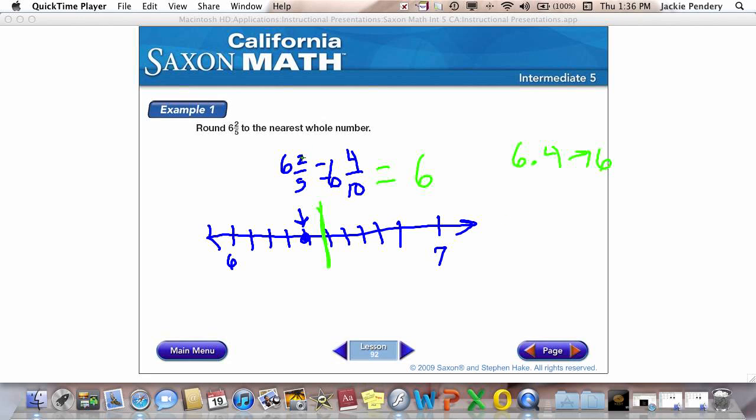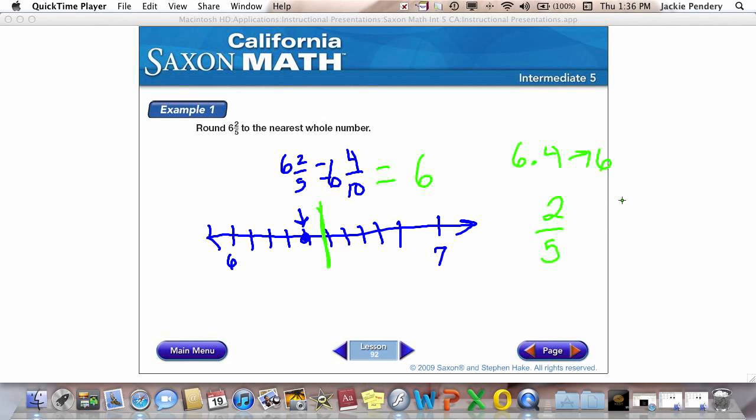Converting a fraction into an equivalent fraction with tenths is a great way to think about it. But sometimes you can't really do that. You might have a denominator of, say, 7, which doesn't convert to tenths easily. But if I look at 2/5, I can ask myself, is 2 less than half of 5 or greater than half of 5?